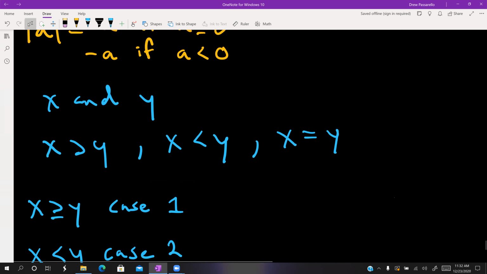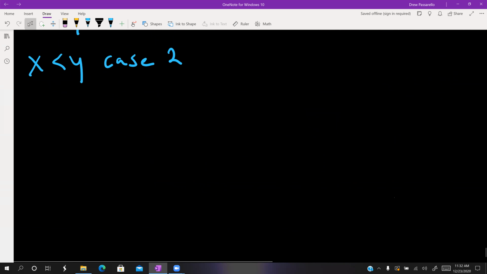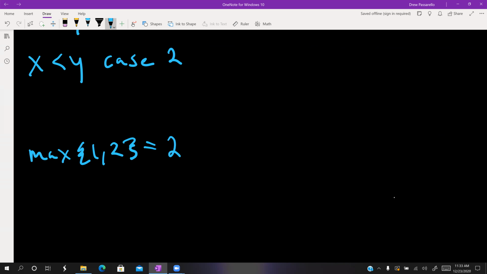So just to test out this formula, let's say I wanted the max of 1 and 2. We know that's 2. Now the formula says it's x plus y plus the absolute value of y minus x, divided by 2.